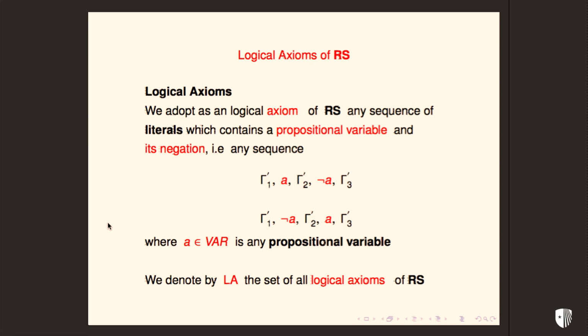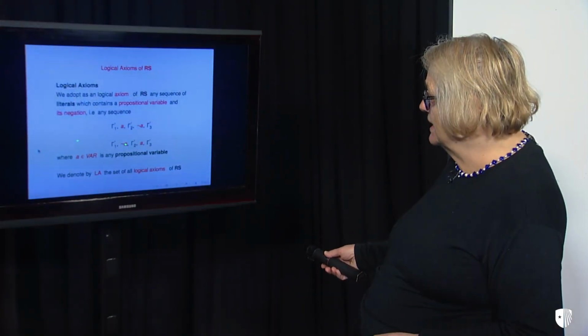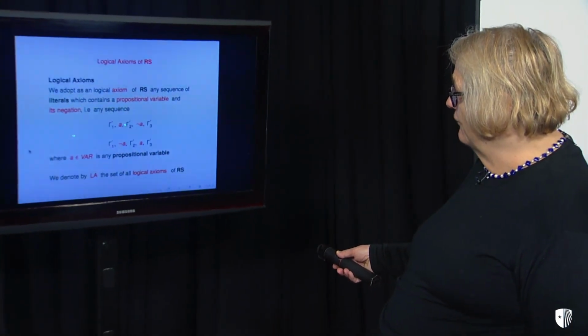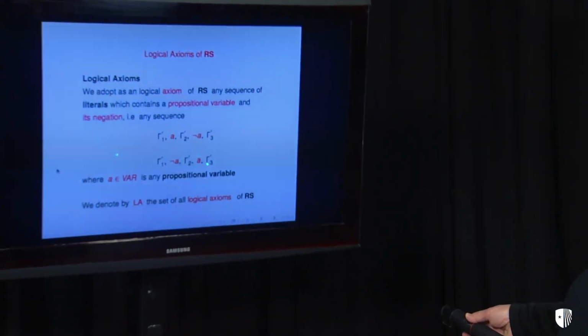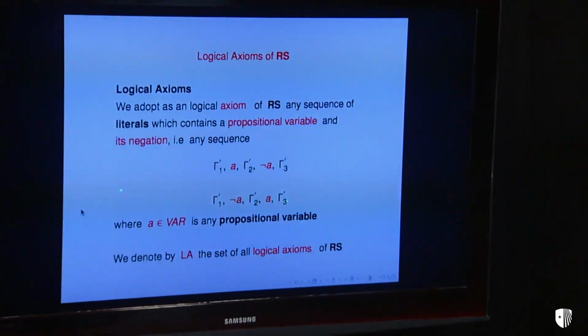Why? Because our semantics was disjunction. So A or not A is a tautology, and so axioms are tautologies. It's enough to say this, but we wrote it like that just to stress that you have only literals. You see, you have primes everywhere, and the order of A and not A is not important.